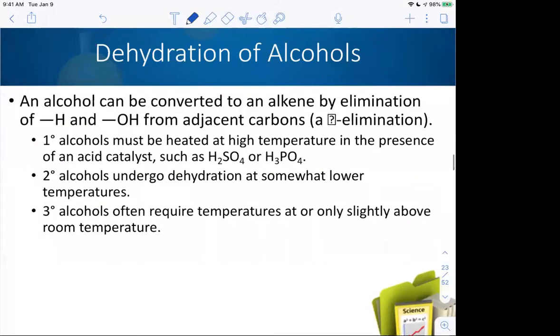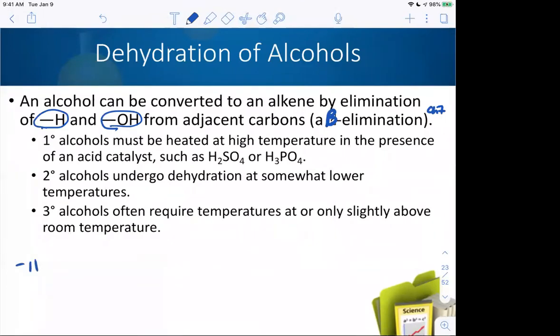Now, remember, I can also dehydrate alcohol, right? The alcohol can be converted to an alkene by beta elimination, also chapter 7 material. So I can eliminate a hydrogen and an OH.